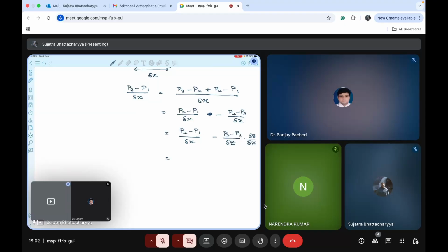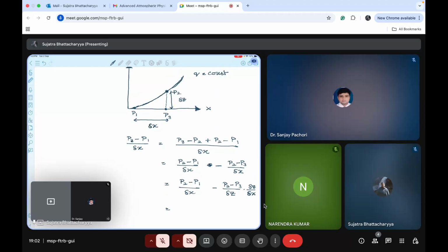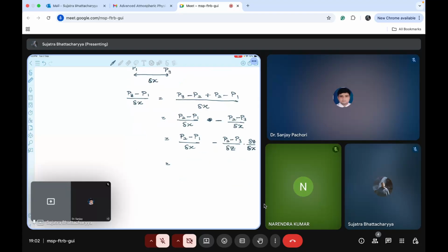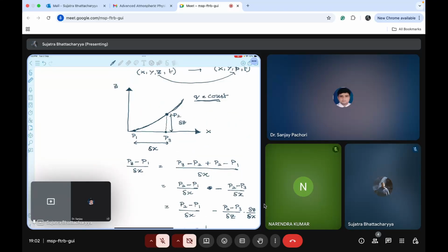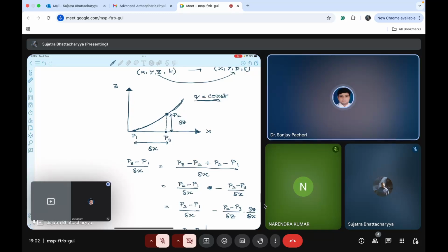Look, P2 minus P1 by delta x. P2 is here on the Q equal to constant line. P1 is also on the Q equal to constant line. So we can write this (P2 minus P1) by delta x at constant Q, minus (P2 minus P3) by delta z as it is.